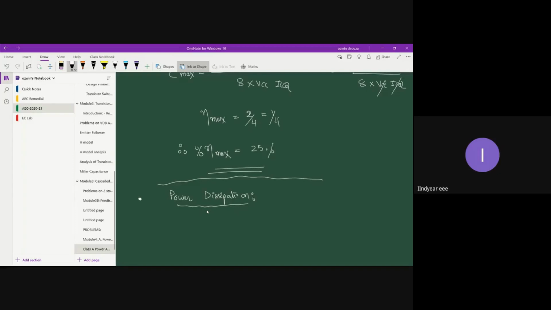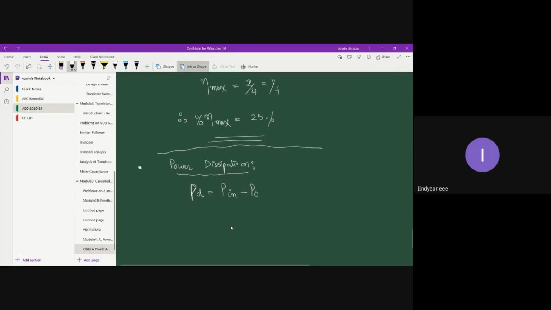So the expression for power dissipation, we can write it as PD. PD is equal to the input power minus the output power. So the difference between input and output is the power dissipation.